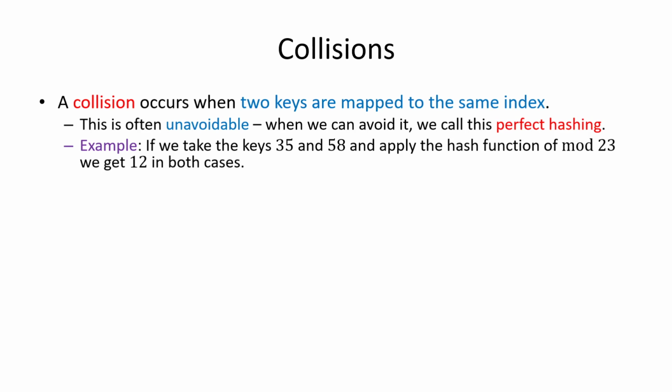Here's a quick example. The two numbers 35 and 58, if we do our hash function here, mod 23, both of them give us 12. So both of them would belong in bucket 12.